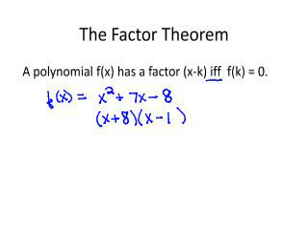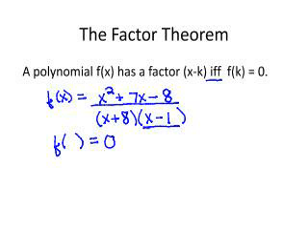So it has factors. So it says a polynomial, this is our polynomial f of x, has a factor of x minus k. So we can use either one of them. Let's take this one. That's said to be a factor if and only if f of k is 0.